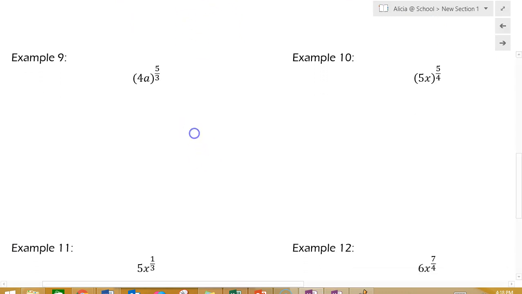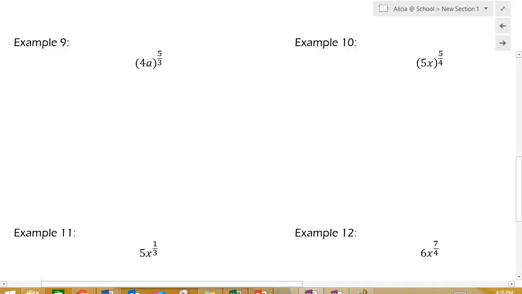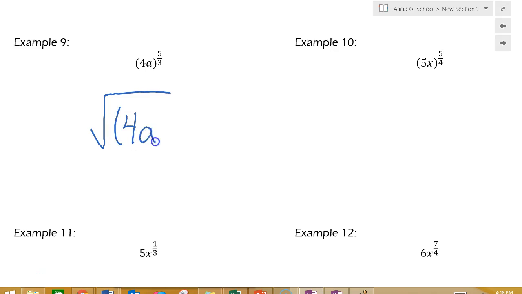So I have examples 9 and 10 here. Number 9, I have two terms, I guess I can say, in the base. So notice when I draw my square root symbol or my radical symbol, I have to keep that base the same. I'm never changing it. So 4a has to stay in parentheses. The rest I can do just like I was doing in the other two examples. So again, that numerator is my exponent, and my denominator is our root number.